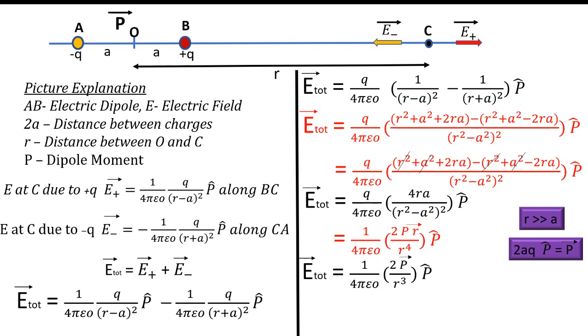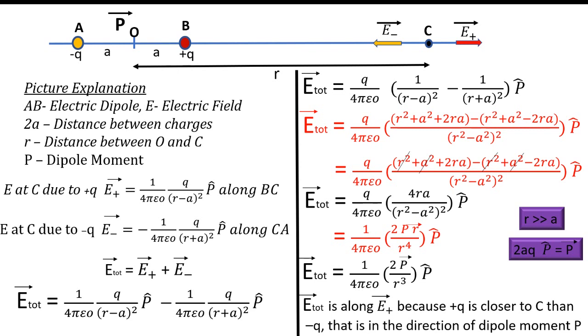E total is the total value of electric field, and so E total is equal to 1 by 4 pi epsilon 0 into 2p divided by r cube into unit vector of p. E total is along E plus because plus q is closer to C than minus q.